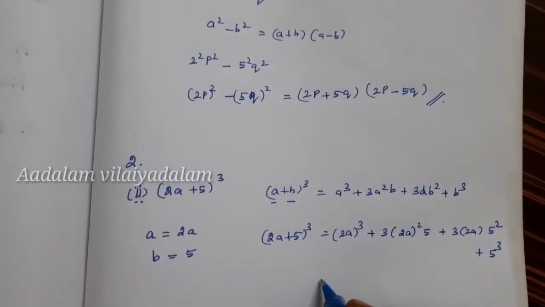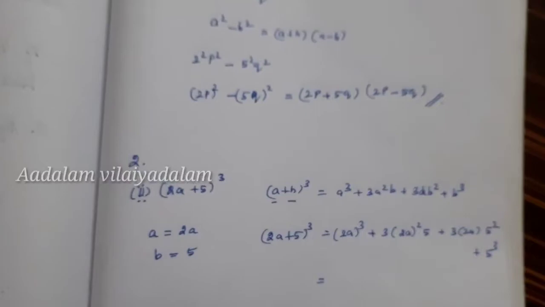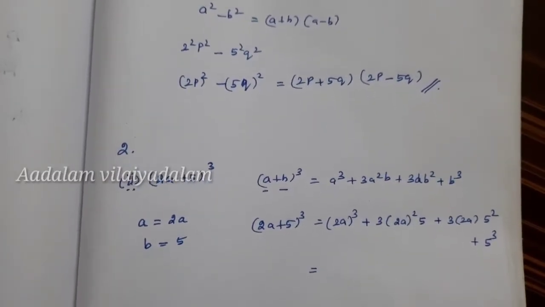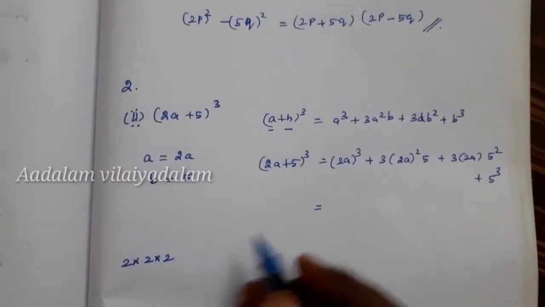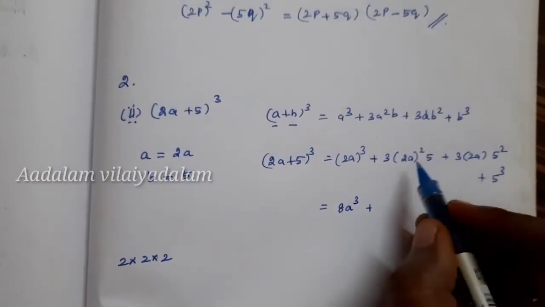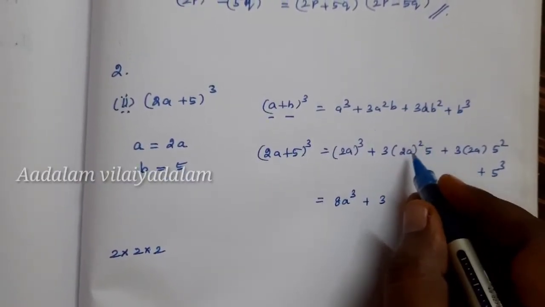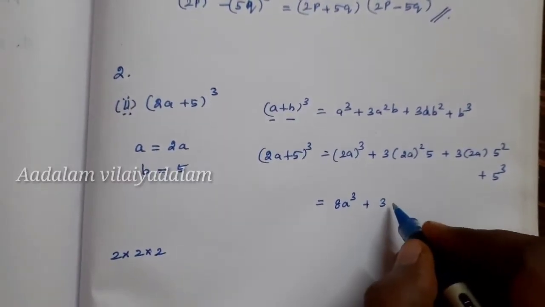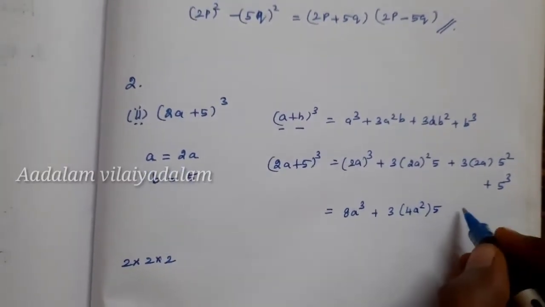So therefore (2a) the whole cube means we have to do the multiplication 3 times. Then 2 2s are 4, 4 2s are 8. Then 8a cube plus, just multiply the numbers and change it to a simplified form, that is 4a square into 5.